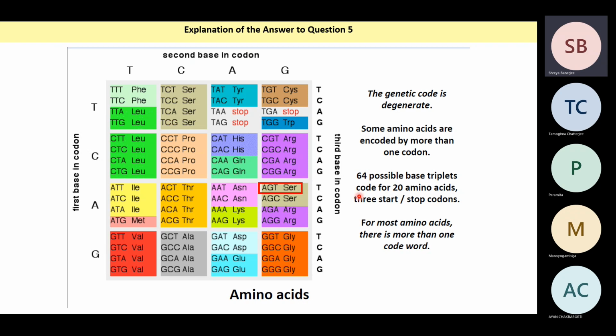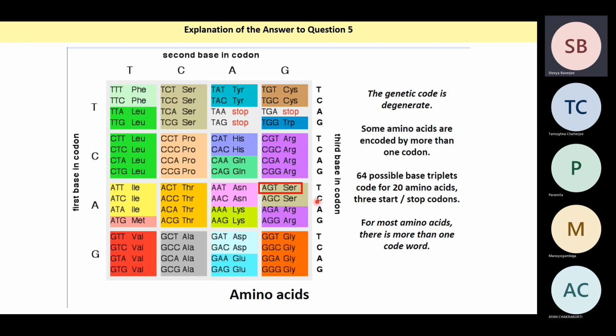If 44 base triplets are useless, you cannot get the protein from the DNA so easily. So there has to be more than one triplet coding for the same amino acid. Otherwise, while decoding from the DNA to the protein, it will get truncated. So for most amino acids, there is more than one triplet coding for it.